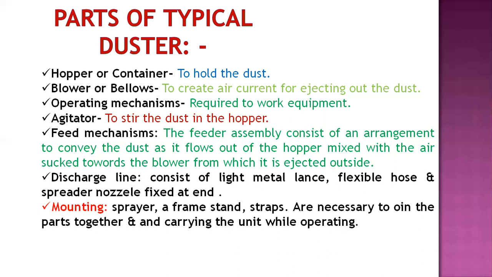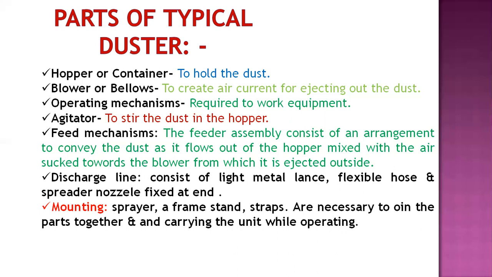Agitator: it stirs the dust so it mixes properly within the hopper and flows freely towards the exit point. It may consist of a brush of bristles or a circular metal frame, and it revolves. So it is called an agitator.